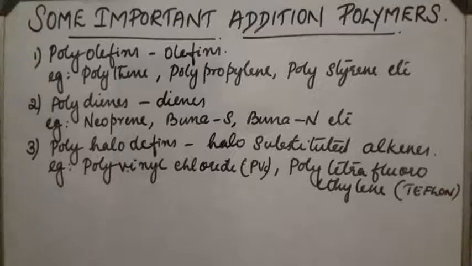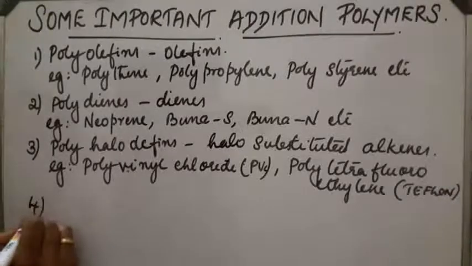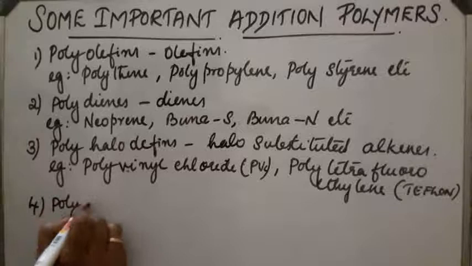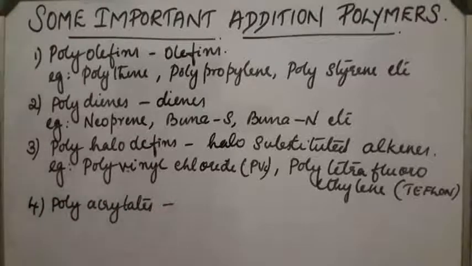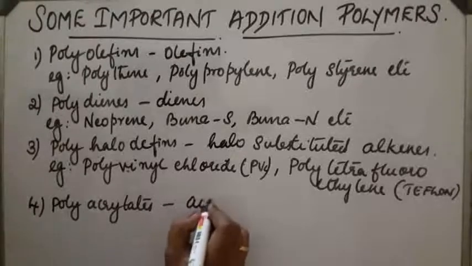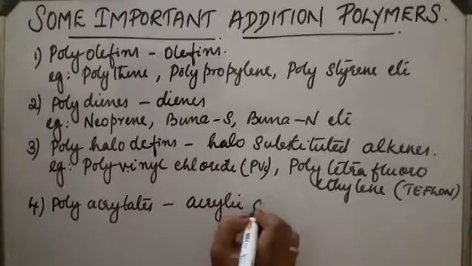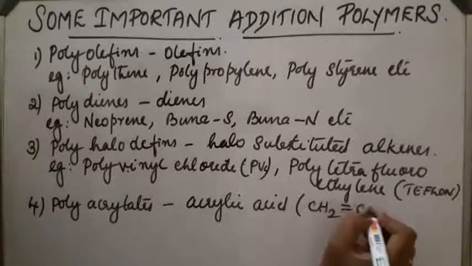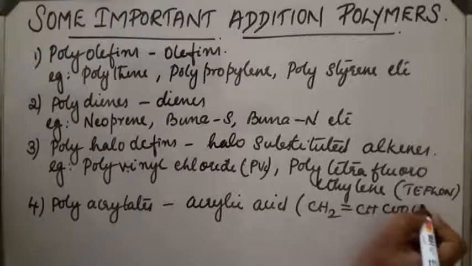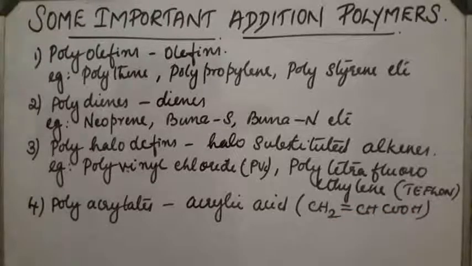Okay. Now, fourth category is polyacrylates. Polyacrylates are polymers derived from acrylic acid. Acrylic acid group is this one, CH2 double bond CH3. This is acrylic acid. Those derived from their derivatives are called polyacrylates.